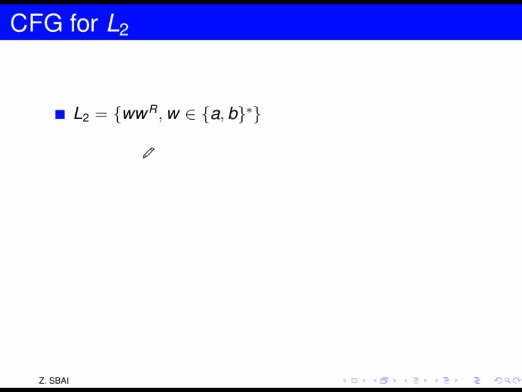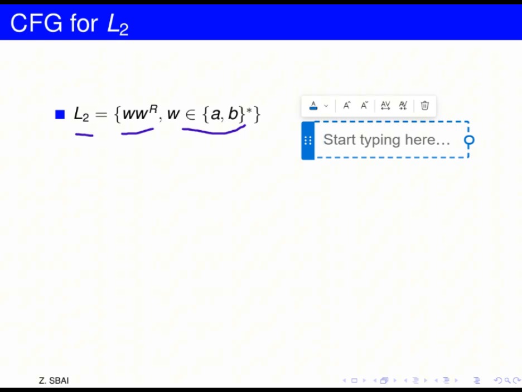Now try to write a context-free grammar for the language L2, which is the set of all the strings that may be written as W W reverse, with W in {A,B} star, which means that it will accept strings of the form A B B A, which is composed of two parts.